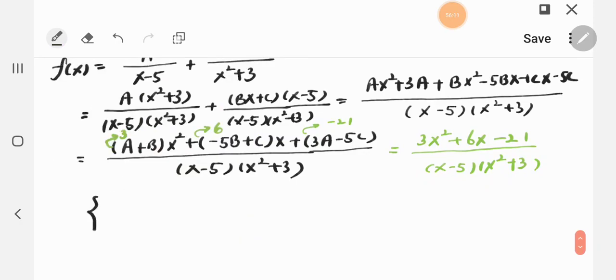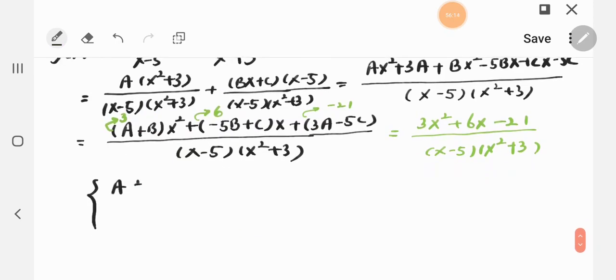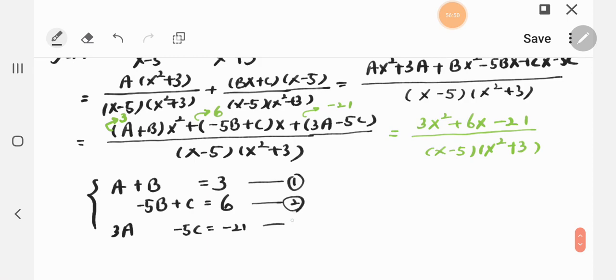Okay, so the system of three equations is a plus b equals 3, negative 5b plus c is equal to 6, and 3a minus 5c is equal to negative 21. So this is equation 1, equation 2, equation 3.